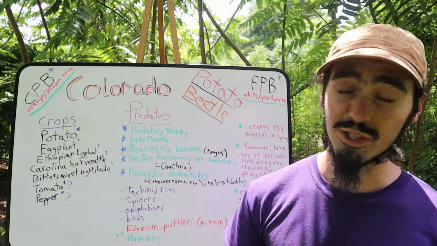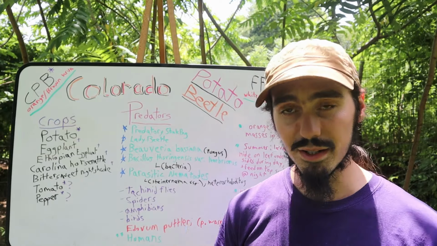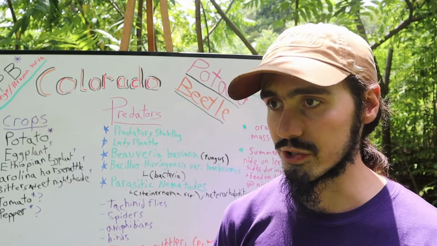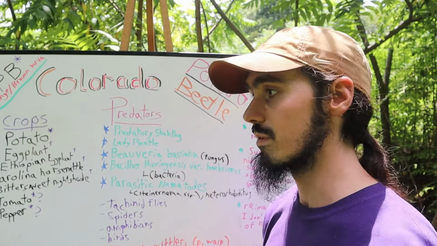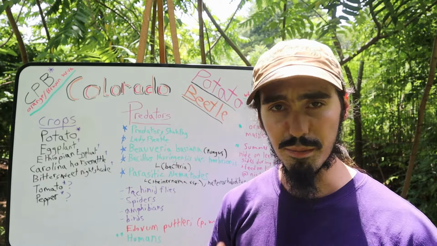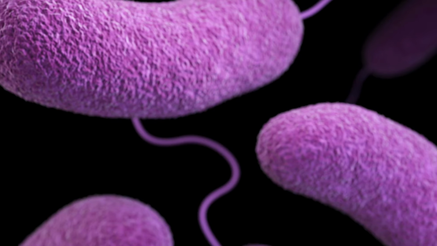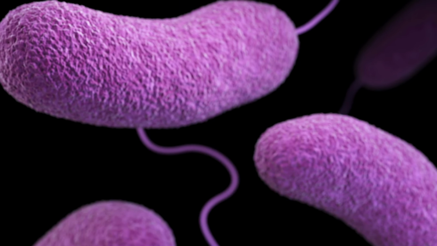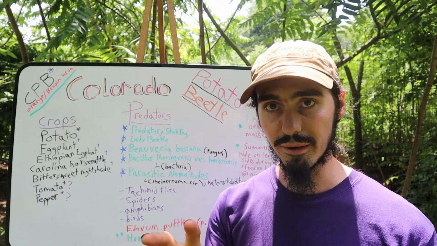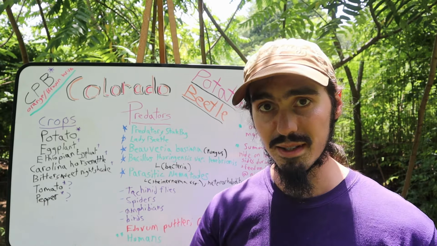Additionally, down in the show notes, I have attached a scientific article on the CPB, and it specifically discusses how when the CPB starts consuming the foliage of some of these solanaceous crops, like the potato, for example, there is a microbe, like a bacteria, in that insect's saliva that actually can get into the plant and affect it systemically, right? So that means not just in the local area of the bite, but it can actually spread throughout the whole plant.